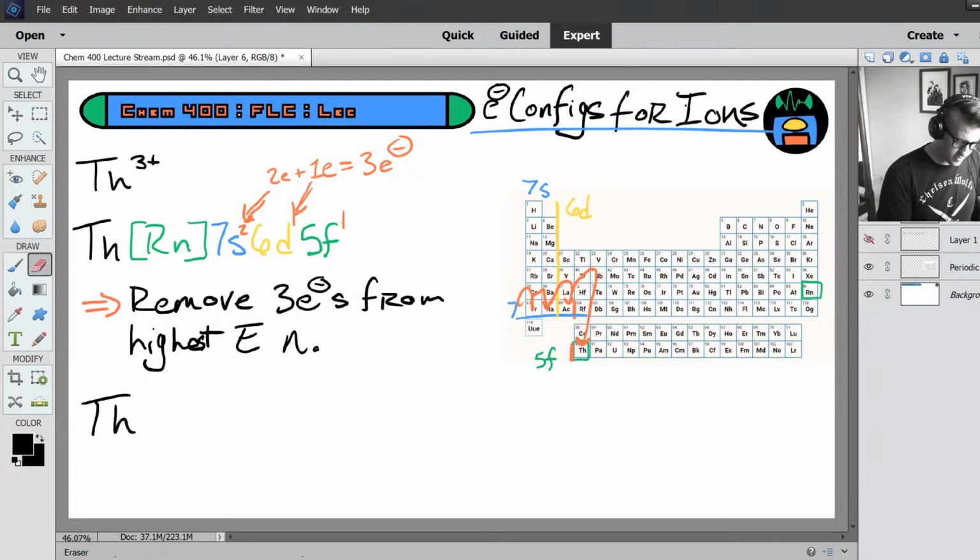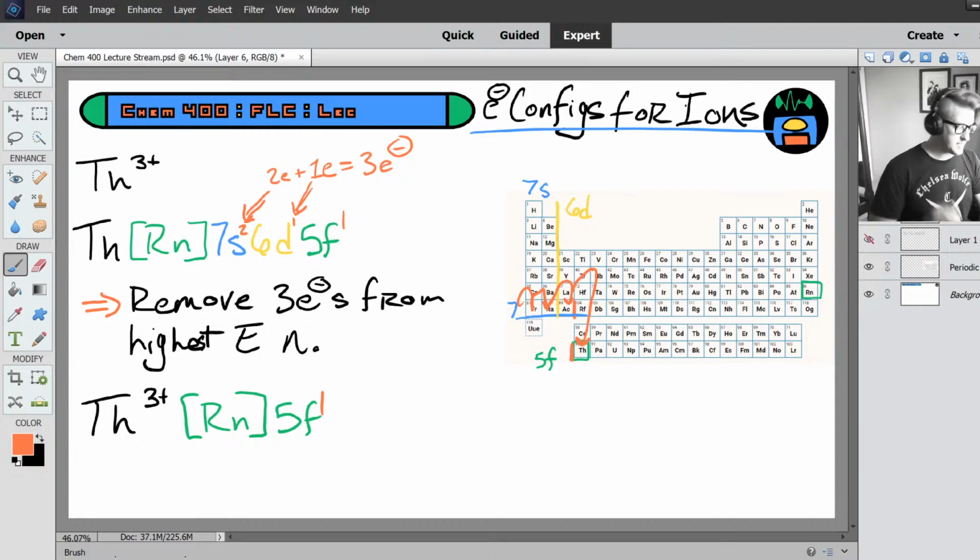So the electron configuration for thorium 3+ then will just be radon in brackets followed by 5f1, because it's lost its 7s electrons and its 6d electron.